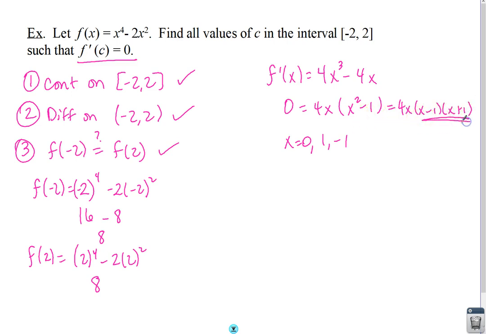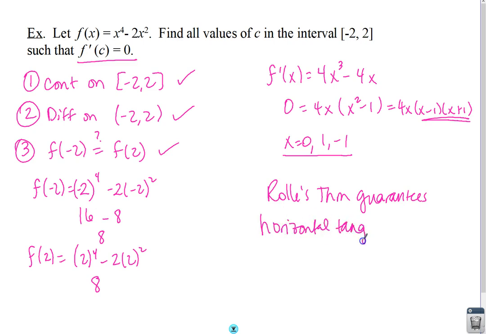You can't forget that, guys. That's always a thing. Okay, so find all the values of c. These are all the values of c such that f prime of c is equal to 0. So Rolle's theorem guarantees horizontal tangents at x equals 0, 1, and -1. Okay?